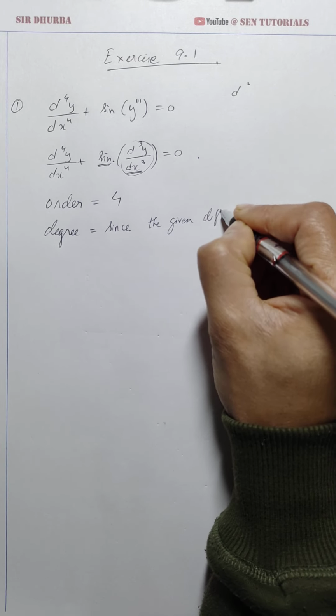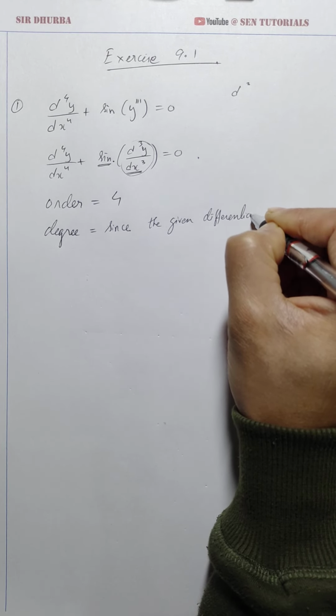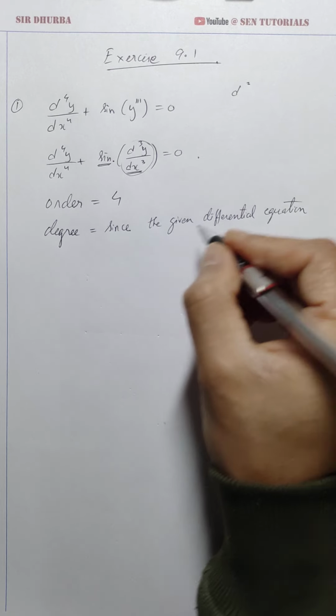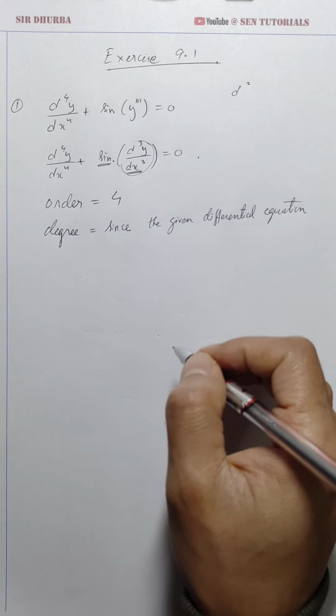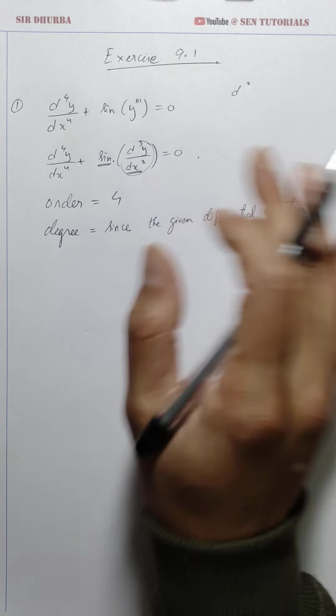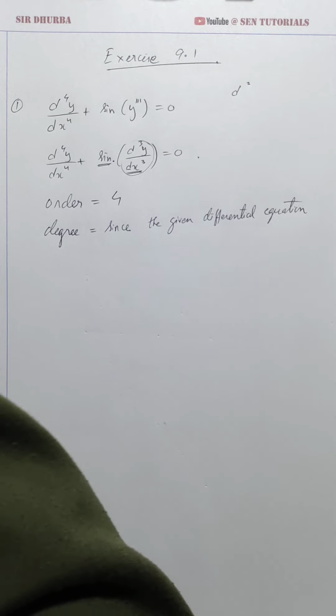Since the differential equation, you can write this carefully, okay? So that from the next questions, if we come across this, I will just dictate this, you can just write it down, so that we can save some time.